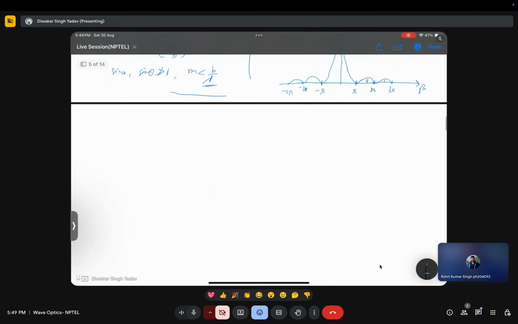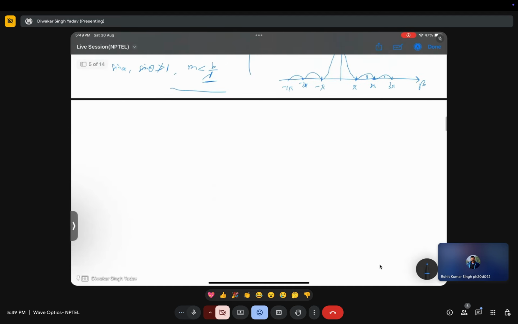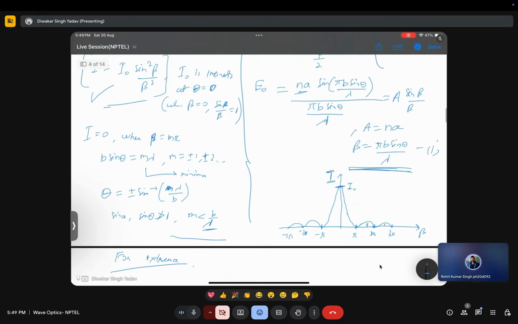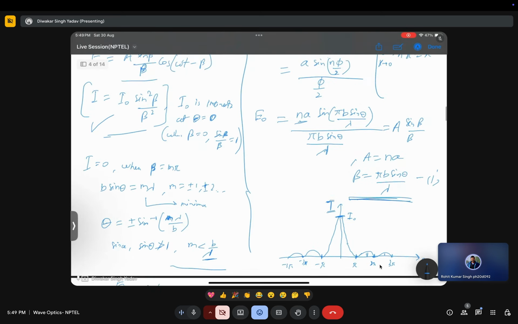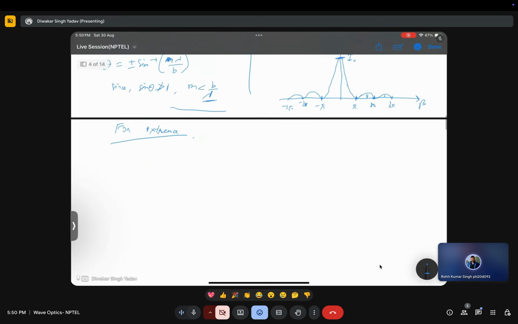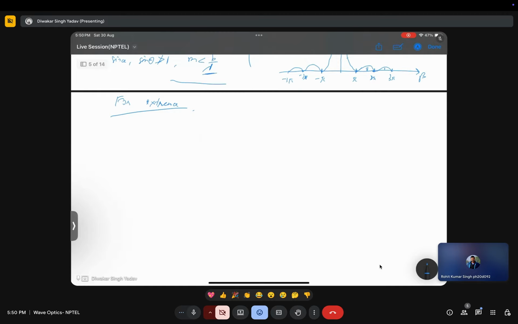You guys have studied differentiation, right? So you know that for extrema points, if you have any equation involving two variables, you can find the extremum points by differentiating one with the other.